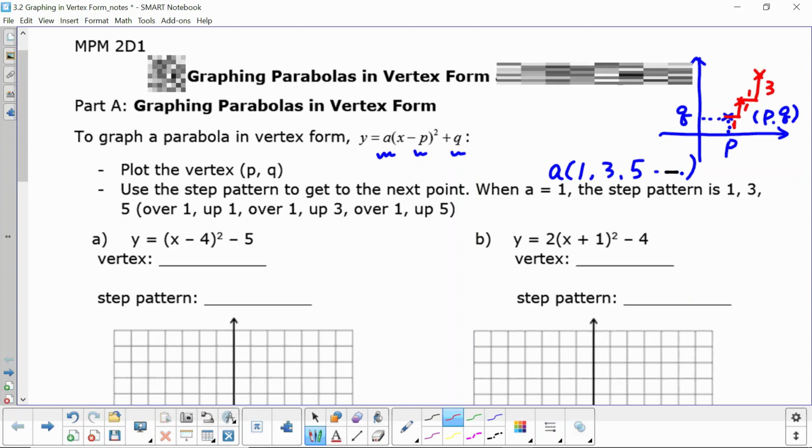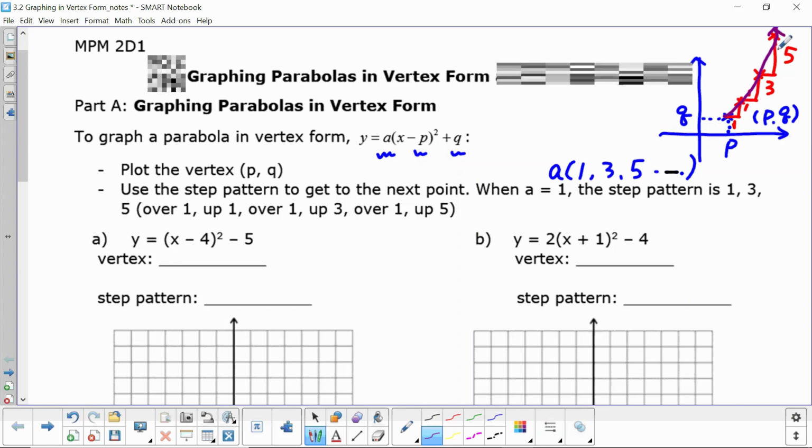Then the next point will be run 1, rise 5. You will see the slope is not the same, so it's not going to be a straight line. It will be a curve, and we don't draw it using a straight line. We are going to curve it, so just connect them.